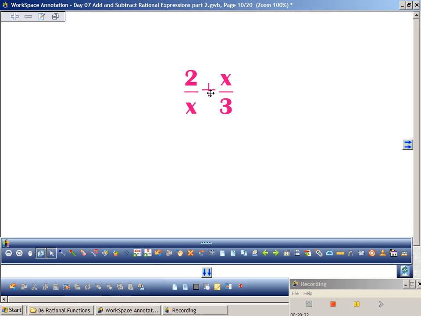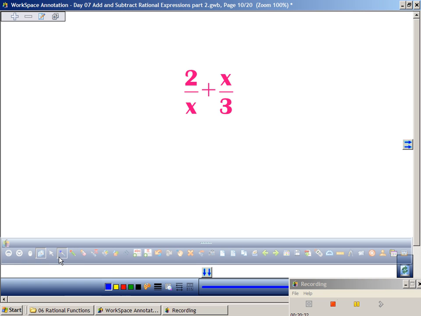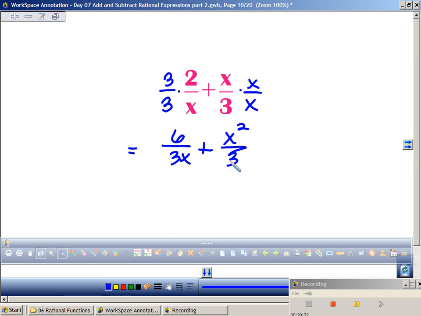Okay. So they should have gotten a common denominator, right? This is an x. This is a 3. They don't match. The x needs the 3, and the 3 needs the x. So now I have 3 times 2 is 6 over 3x, plus x times x is x squared over 3x.